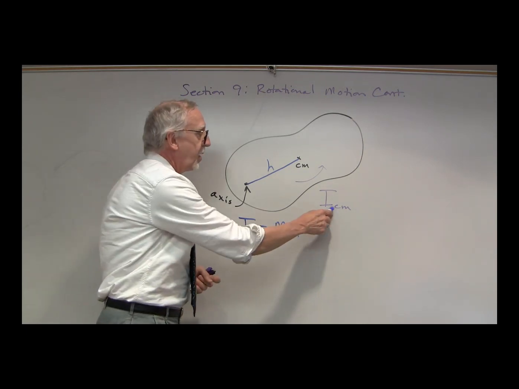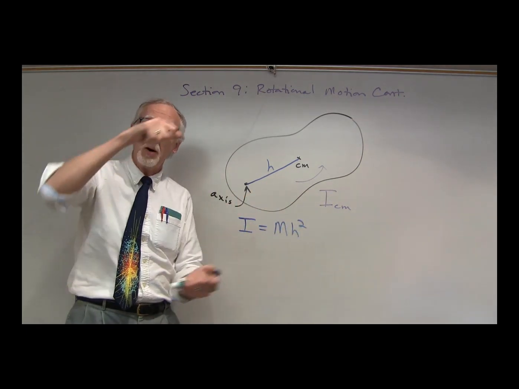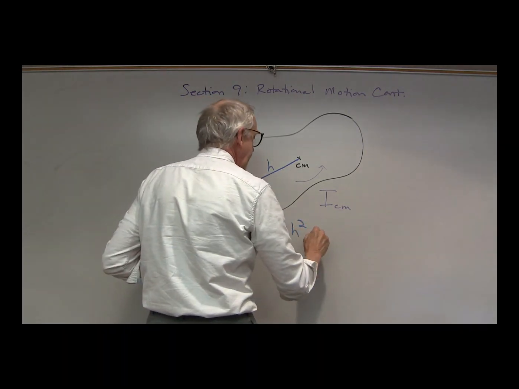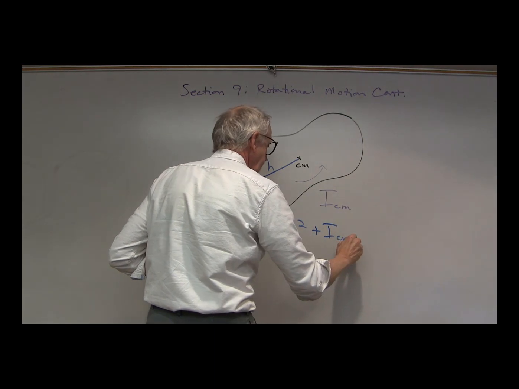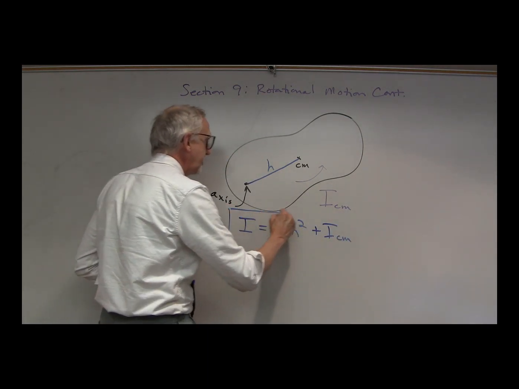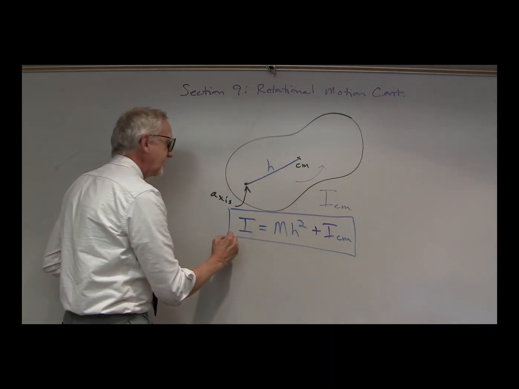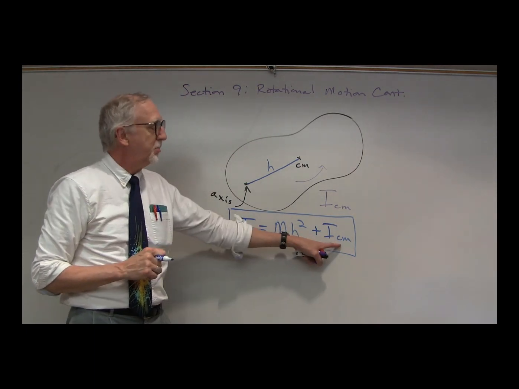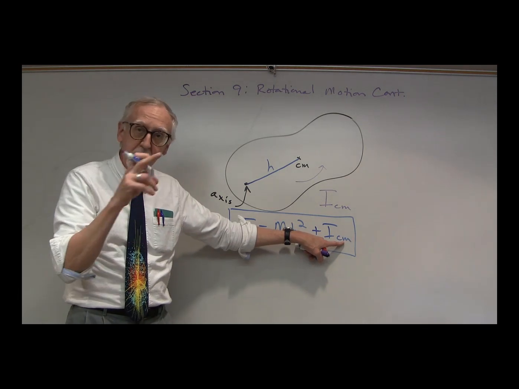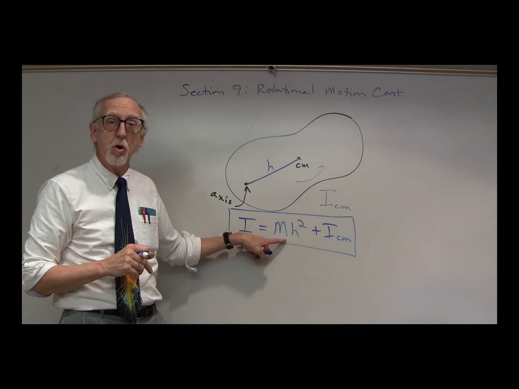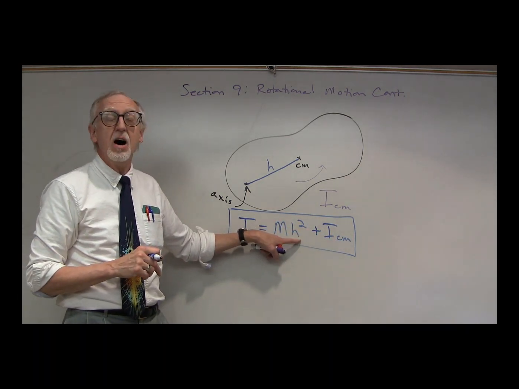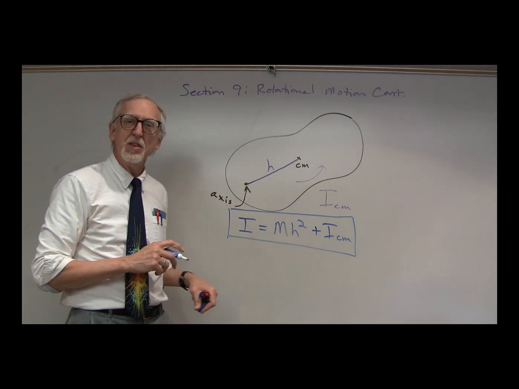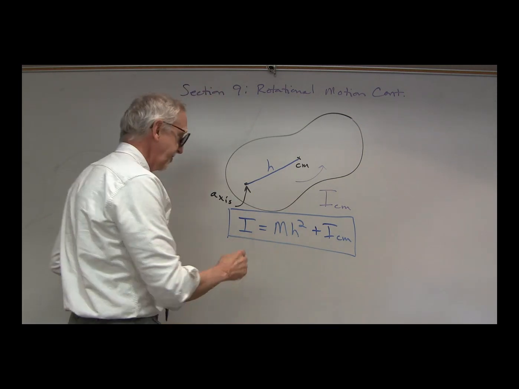Then, for the part of the moment of inertia that corresponds to the actual rotation around the center of mass, we add I_CM. So the total moment of inertia about an axis that is not through the center of mass is the moment of inertia about the center of mass plus the total mass times the distance that the axis is from the center of mass, mh squared. This is called the parallel axis theorem.